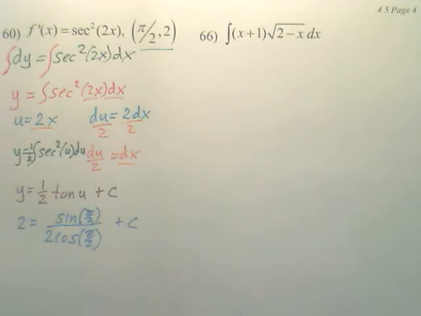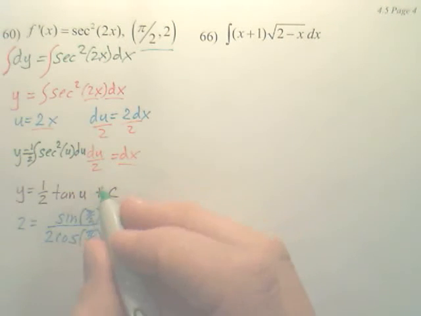So again, tangent is sine over cosine. The 2 goes on the bottom. Pi over 2, which of these is 0? You have to plug 2x back in, so it's a pi. Ooh, thank you. I forgot.